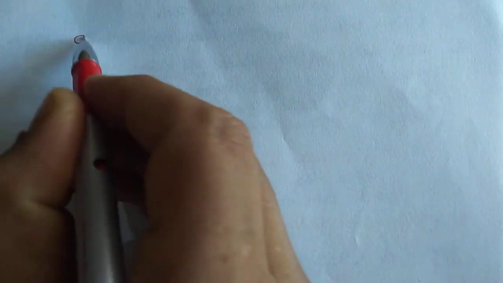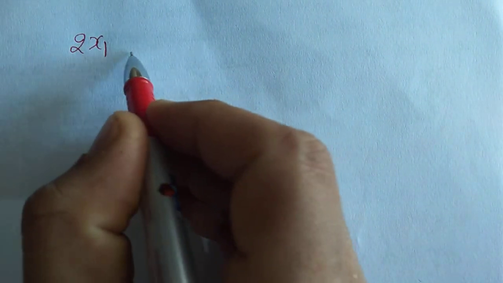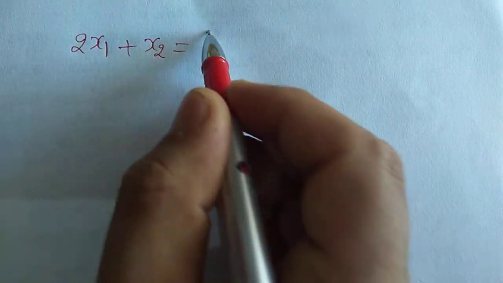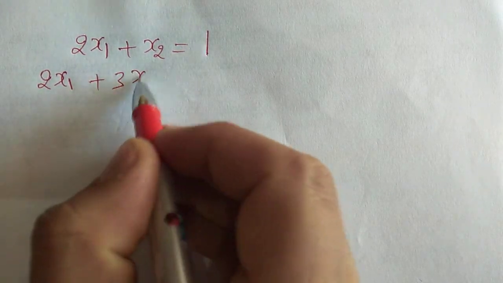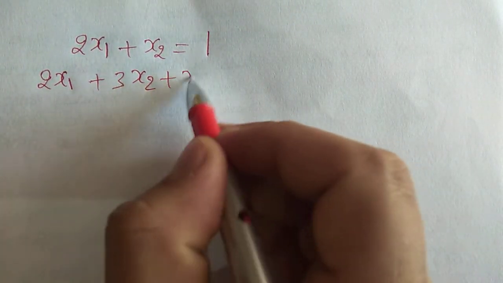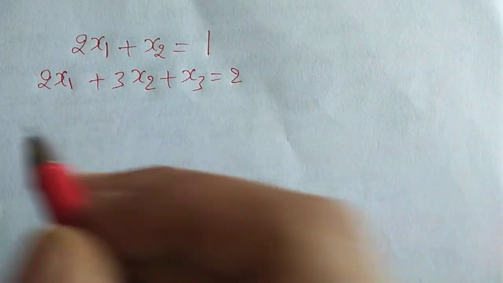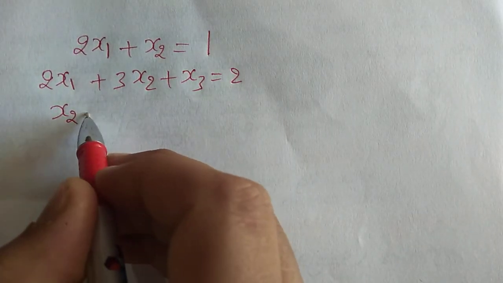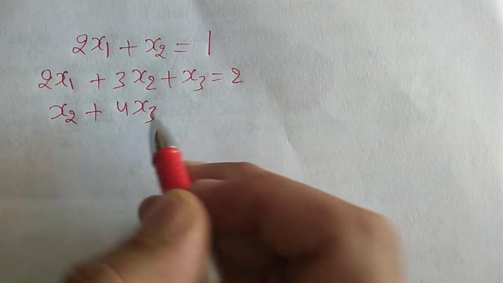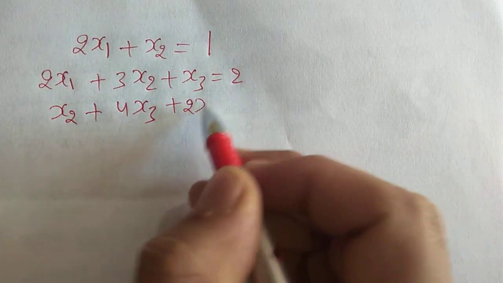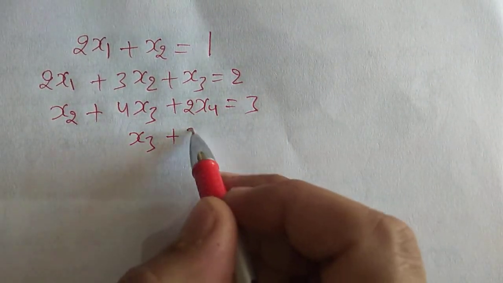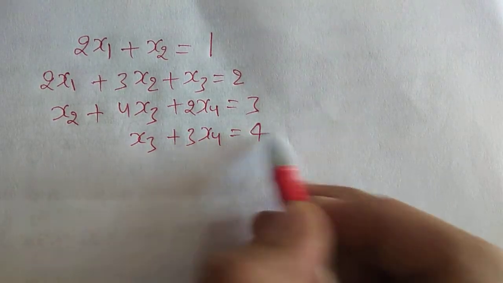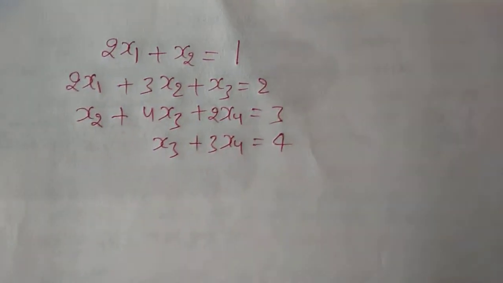The equations are 2x1 plus x2 equal to 1, 2x1 plus 3x2 plus x3 equal to 2, x2 plus 4x3 plus 2x4 equal to 3, and x3 plus 3x4 equal to 4. So this is the given system of equation.